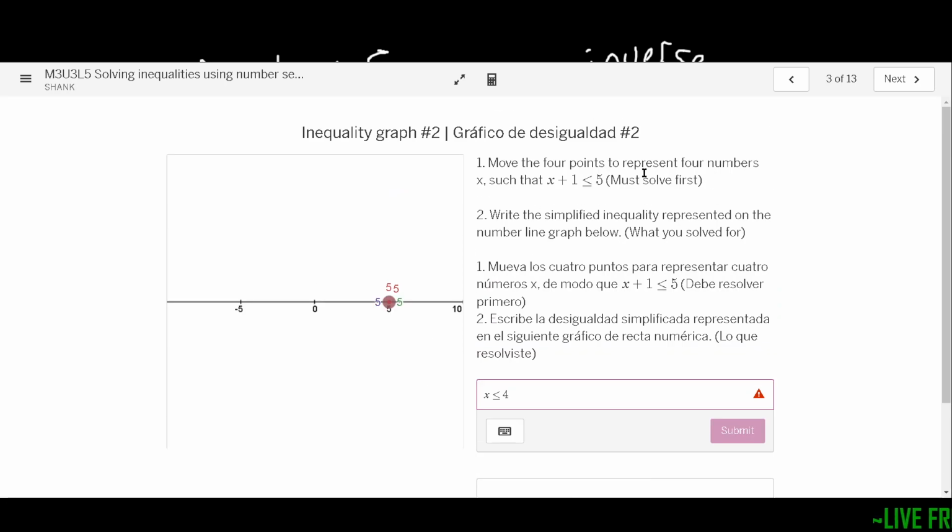So I have to have 4 points such that they're less than 4 or equal to 4. So I can actually move one onto 4 if I'm able to do that. If not, no big deal, but I can just move them to the left. I can say 0 is a solution. I can say -5 is a solution. Any of those choices would be okay.